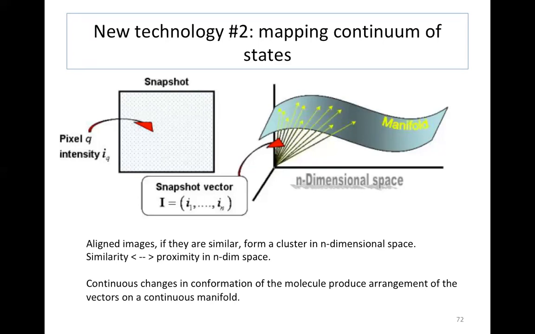And the technique that I've been developing together with Abbas Ourmazd in Wisconsin does this by so-called manifold embedding.